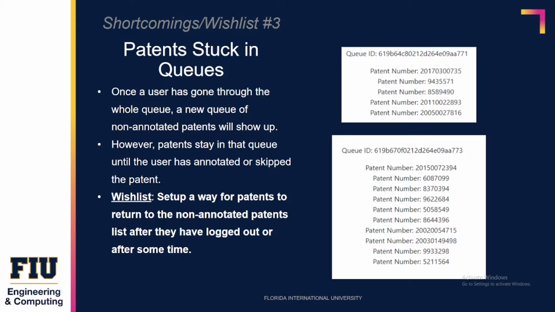Perhaps setting even after a time limit. For example, maybe after a couple days or a couple hours, if the user has not logged back in to work on these patents, the patents would be put into the non-annotated patents list, and it can be grabbed by another user and put randomly into another user's queue.